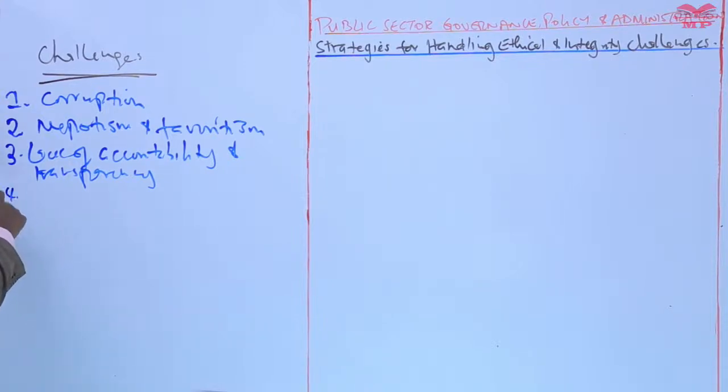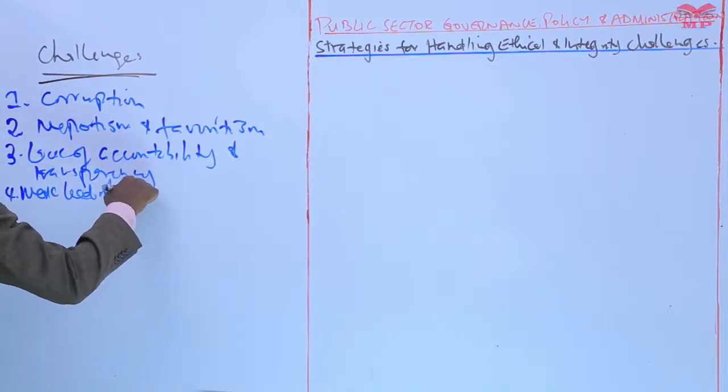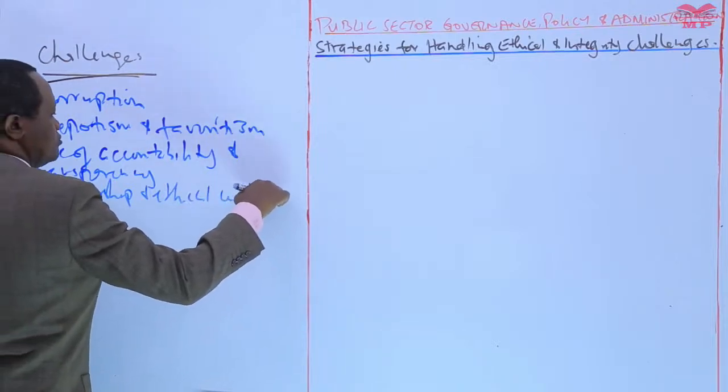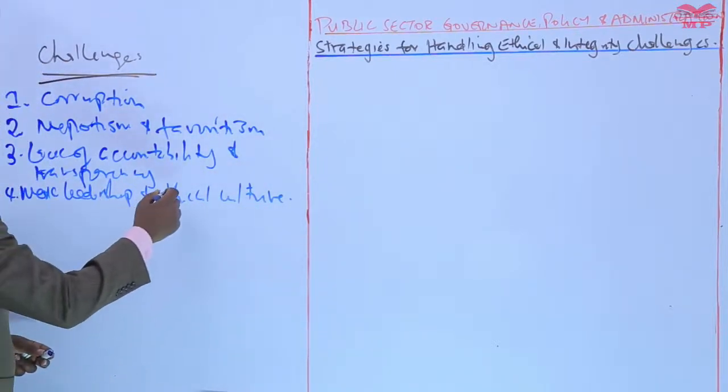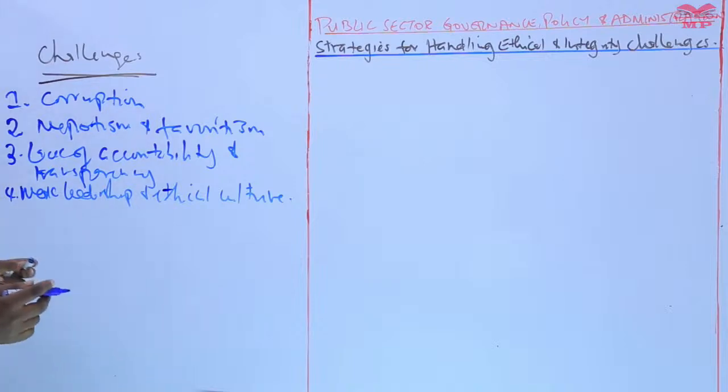4 is weak leadership and ethical culture. In the public sector in Kenya, we have a weak leadership and ethical culture. This is lack of strong ethical leadership at various levels of the public sector, which sets a poor example for employees.